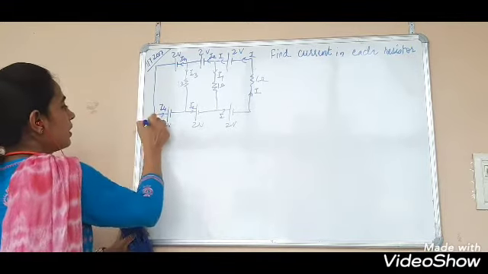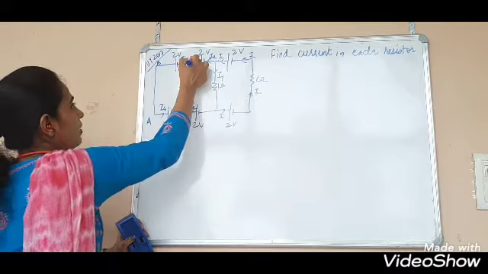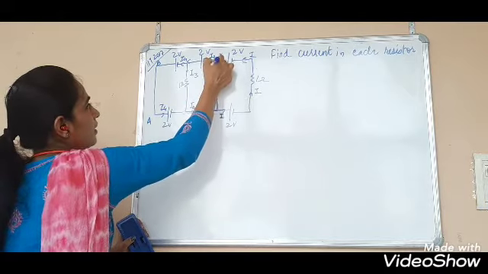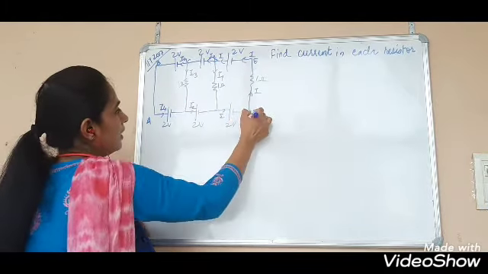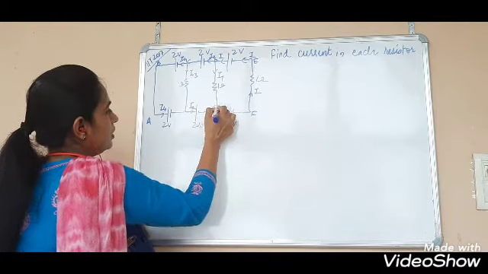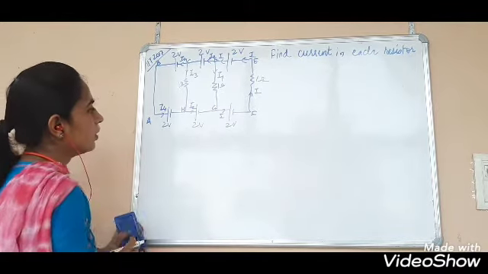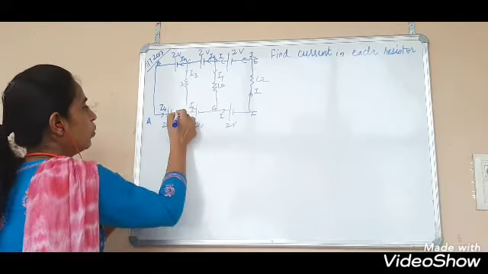Now name the circuit, name the loop A, B, C, D, E, F, G, H. Okay, is it becoming too messy?